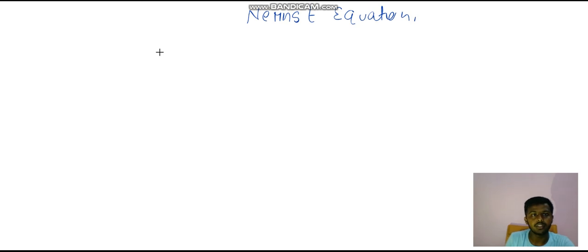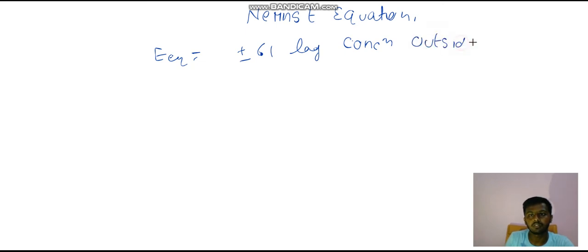The Nernst equation, that is equal to equilibrium potential plus minus 61 log concentration outside by the concentration inside of an ion.